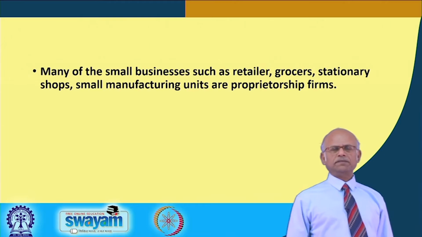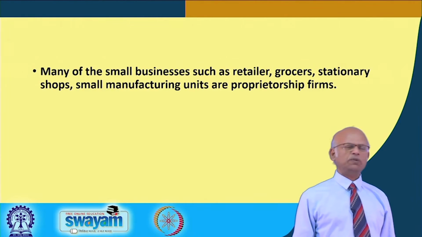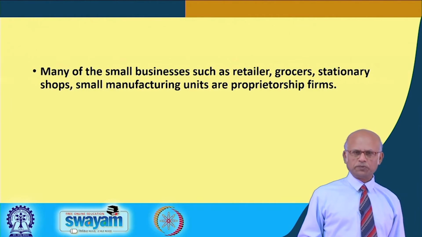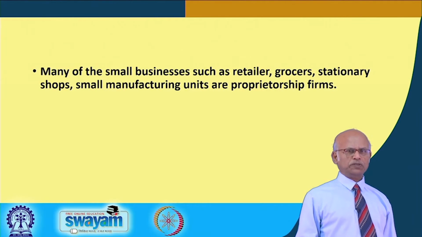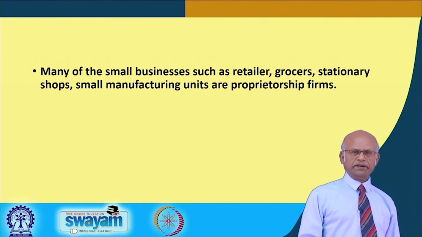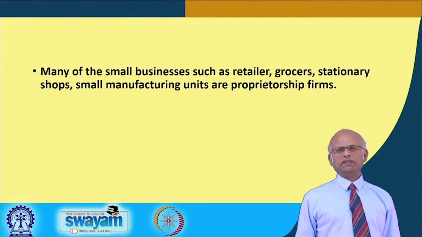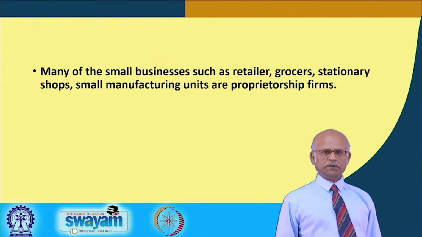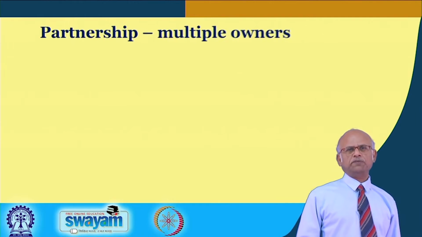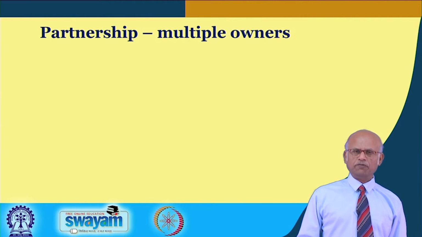And because of the simplicity, normally small businesses like grocery shops, like any kind of retail store, very small companies where a single individual is the owner of the business, prefer this kind of legal format.